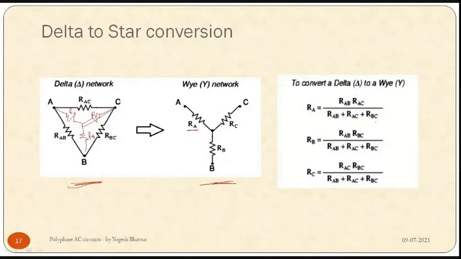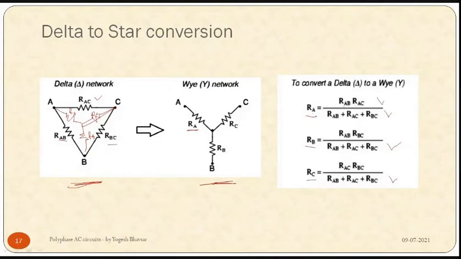If you observe the formulas for RA, RB and RC, the denominator of each and every formula is the same. It is the addition of all these resistances, RAB plus RBC plus RAC. So this is common, right?